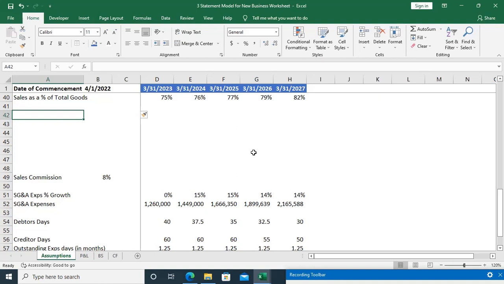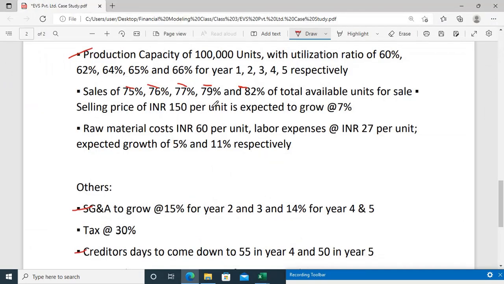Okay, so I'm just listing it down here. So the sales price growth rate, how much was the sales price growing? Price was 150.